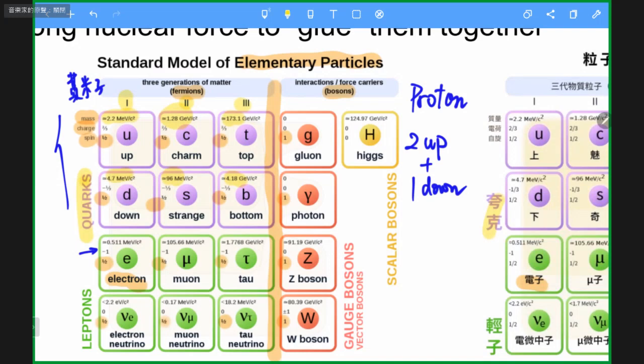You need enough energy to generate quarks of the corresponding energy. So we need more energy to generate the higher generations of quarks.